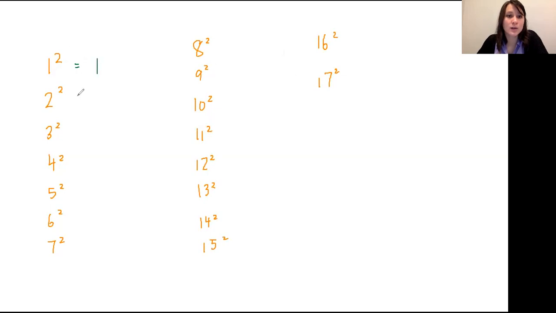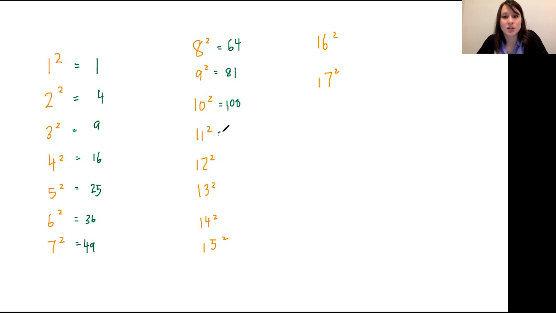So 1 squared is 1, 4, 9, 16, 25, 36. Now these are easy because you know this stuff. You know your multiplication table. 64, 81, 100.